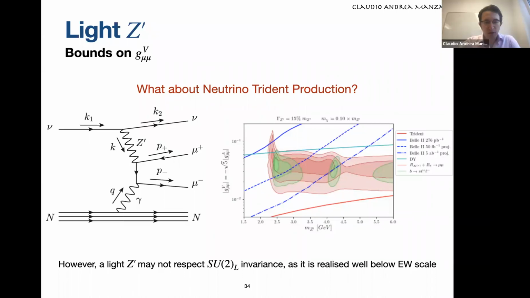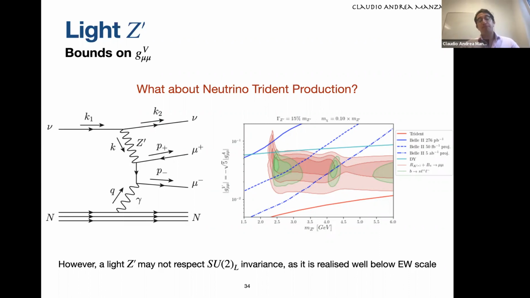If Z prime has a vector coupling to muons, then that means Z prime couples to left-handed muon pairs, so maybe with the same size of coupling to the neutrino pair, right? Yes. If you realize your Z prime via an additional U1 symmetry, you cannot avoid it. I don't know any way to avoid the SU(2) left invariance, so you must couple also to neutrinos.